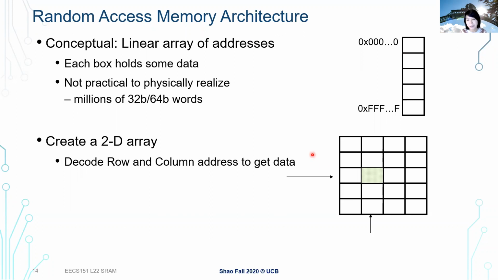where you actually need different row addresses to figure out which row you're accessing, and also different column addresses to figure out which column you're accessing. Once you specify, breaking down your address into the row address and the column address, you can specify a particular cell of the entire 2D array, and that corresponds to the specific piece of data stored with this address.